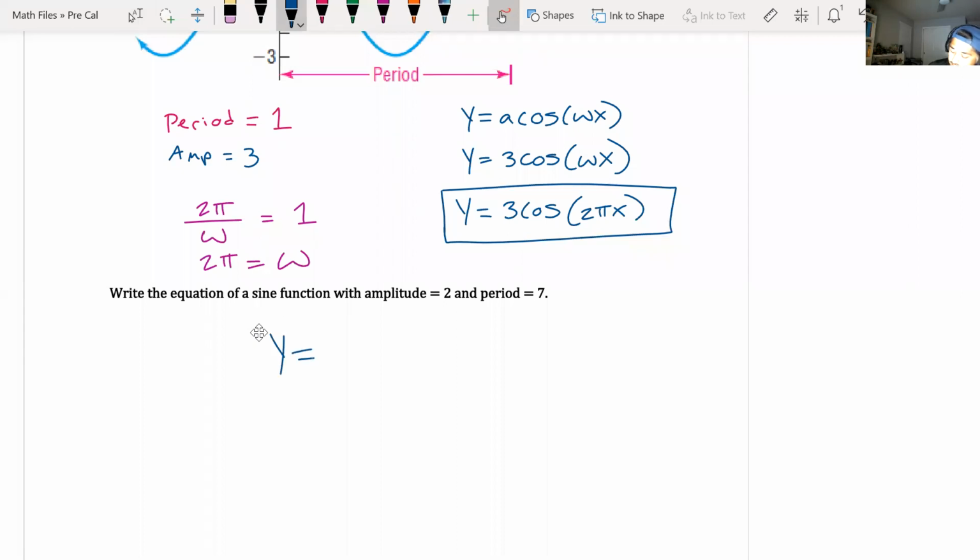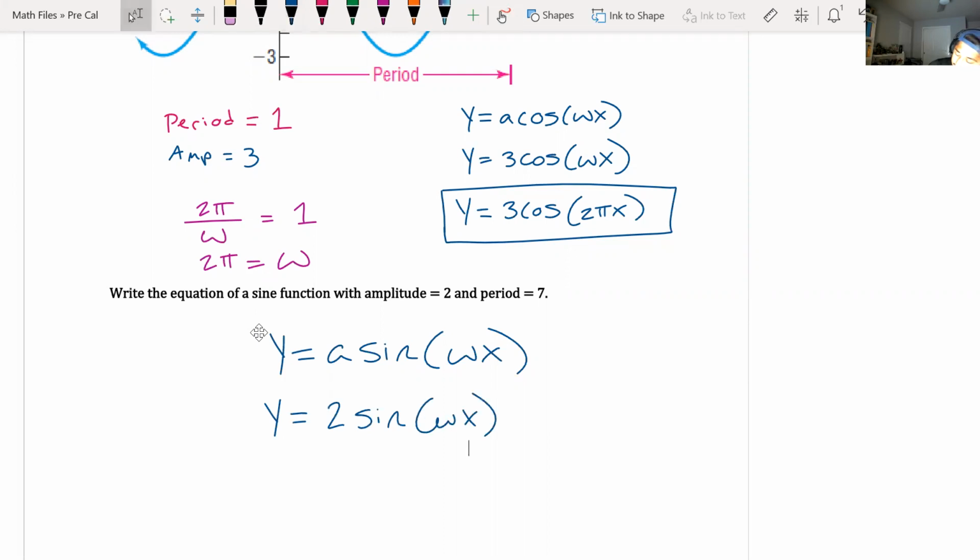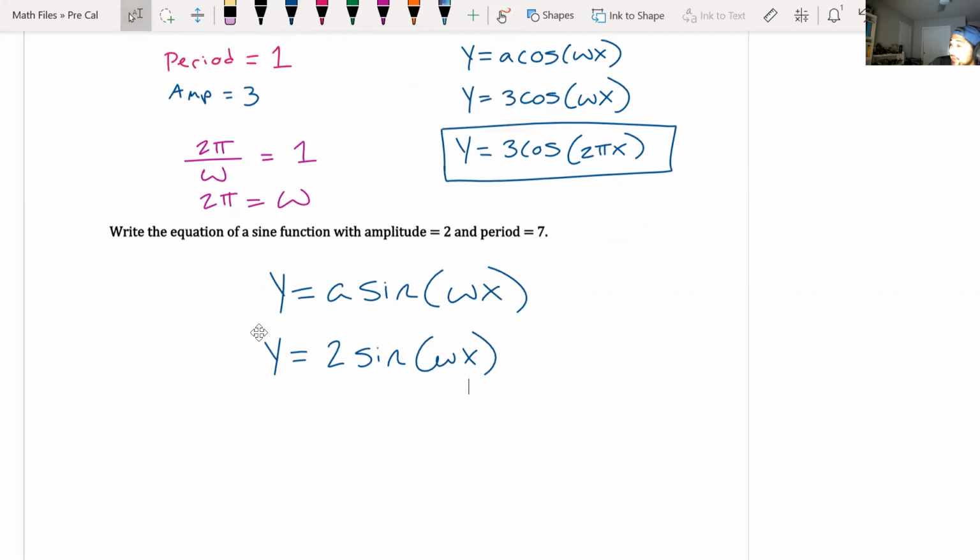So here we want to write a sine omega x. Well, first part's given. What's the amplitude? 2. So 2 sine omega x. All we have left to do is solve for omega.